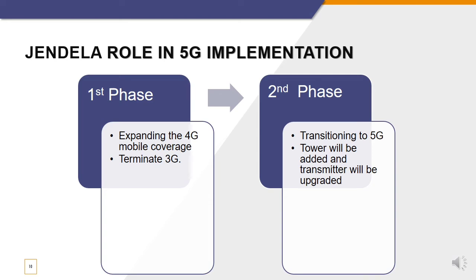From the first phase also, there will be a termination of the 3G network in stages until the end of 2021 to boost the 4G network and strengthen the foundation for 5G. Then, in the second phase, we are transitioning to 5G.